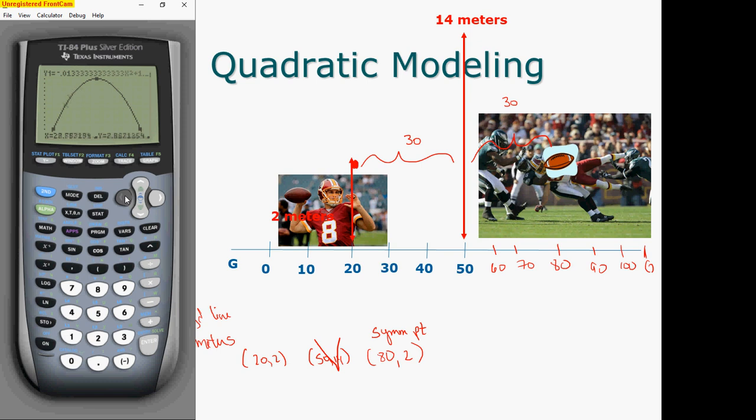So now that I have a model, and remember, I'm not going to write down all these nasty variables. I'm going to write negative 0.01, and I'm going to write 1.3, and I'm going to write negative 19.3.